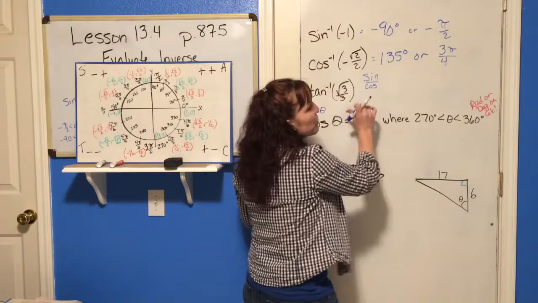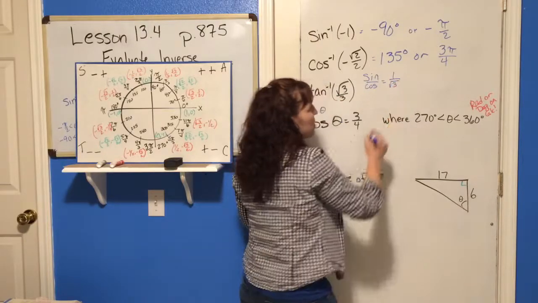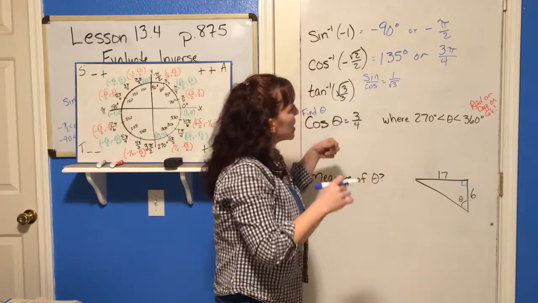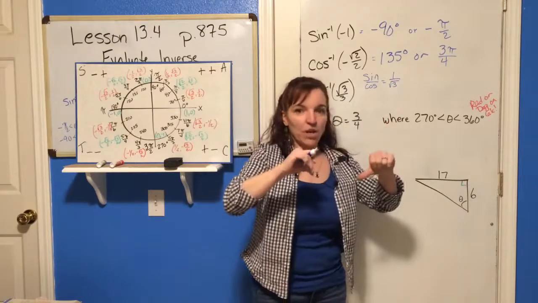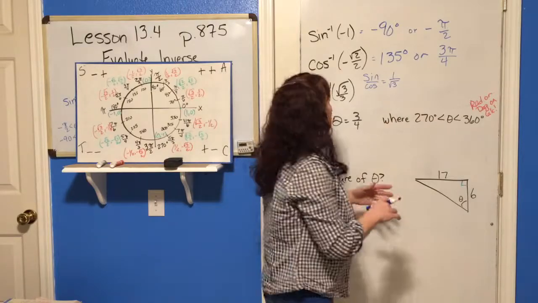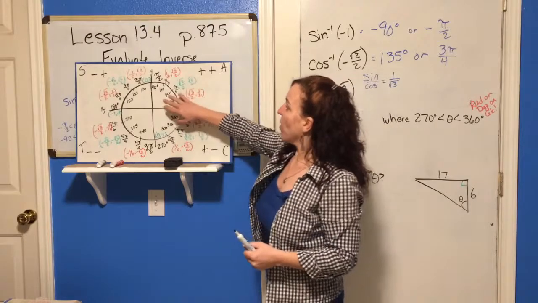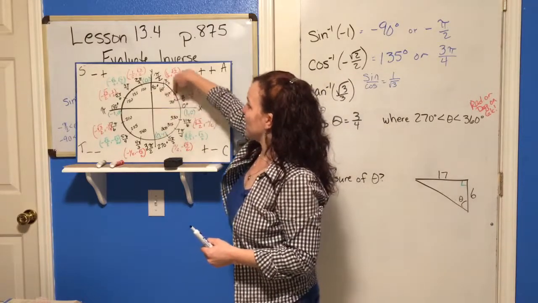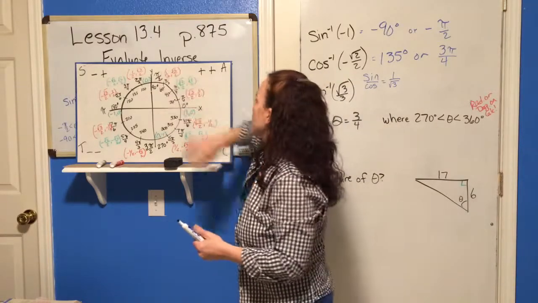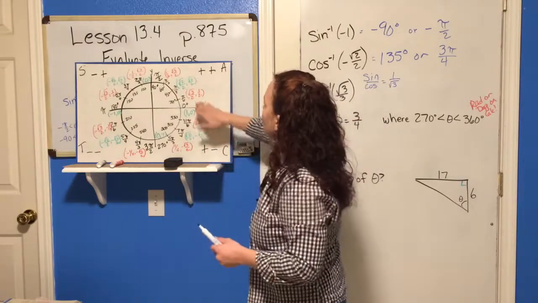So let's go back. Before it was rationalized, it was 1 over square root of 3. So what we're looking for is, if I take the sine divided by the cosine, I want 1 over the square root of 3. So we know that it's positive, so we first decide, well, the tangent is positive in this quadrant, so we're going to look in this quadrant for something that's going to end up being 1 over the square root of 3.